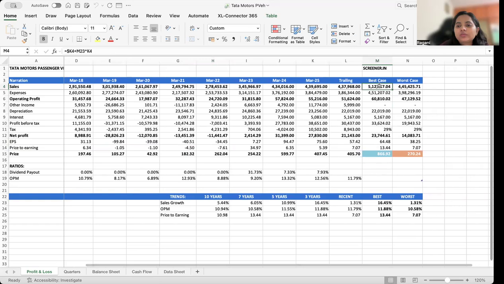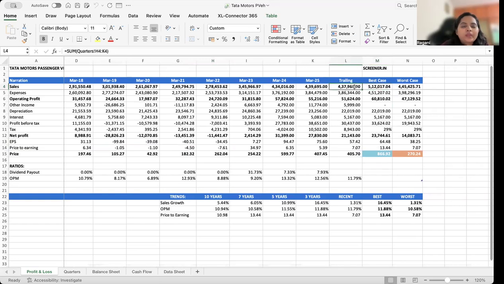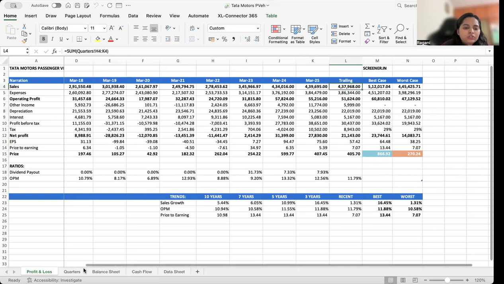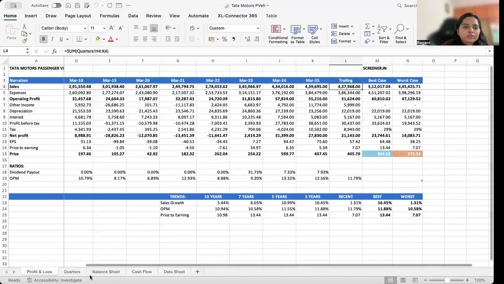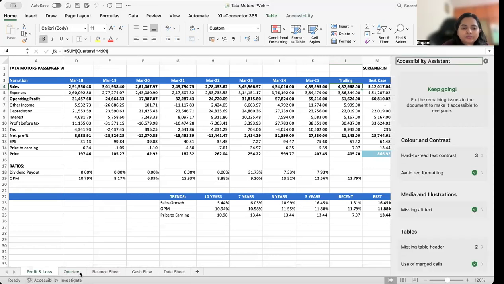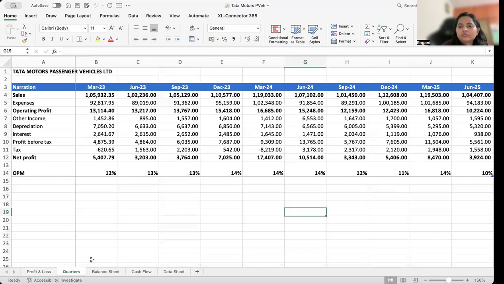Then I calculated trailing. For trailing, I calculated sums and took the data from the quarters, H42, K4, where H4 is the sales data.